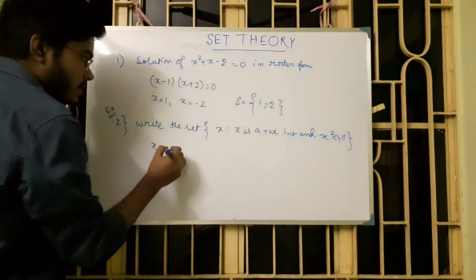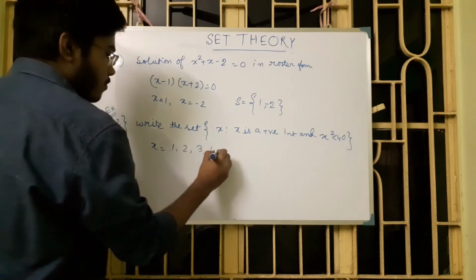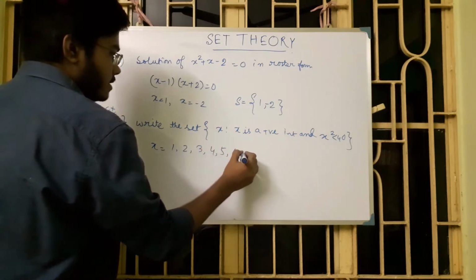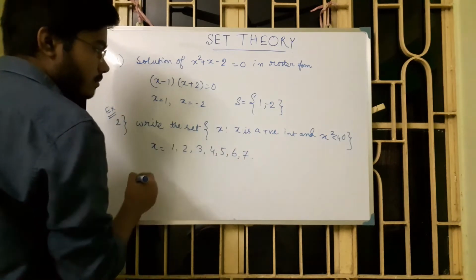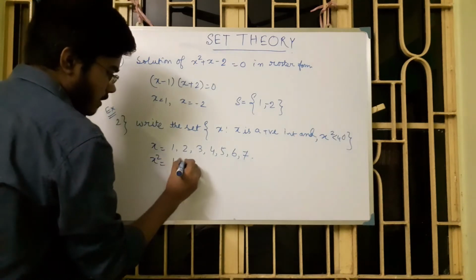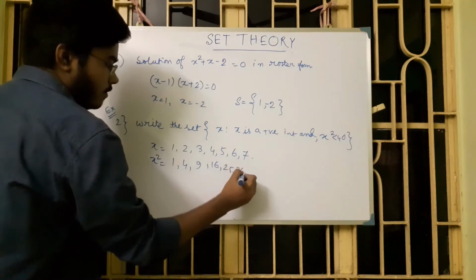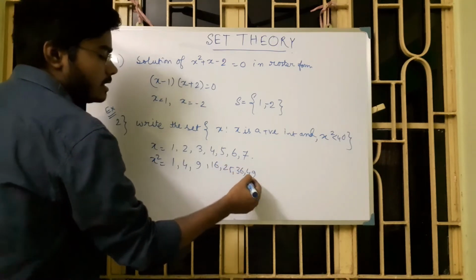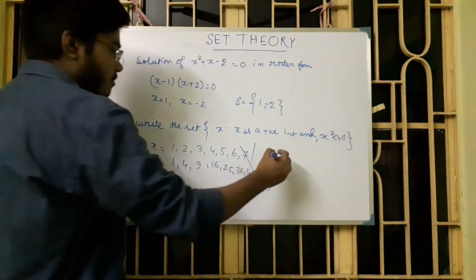So x is a positive integer, 1, 2, 3, 4, 5, 6, 7 and so on. And now what is the condition? x square less than 40. x square equal to 1, 4, 9, 16, 25, 36, 49. Look, this is greater than 40, so this will not be the case. So what will be the set?